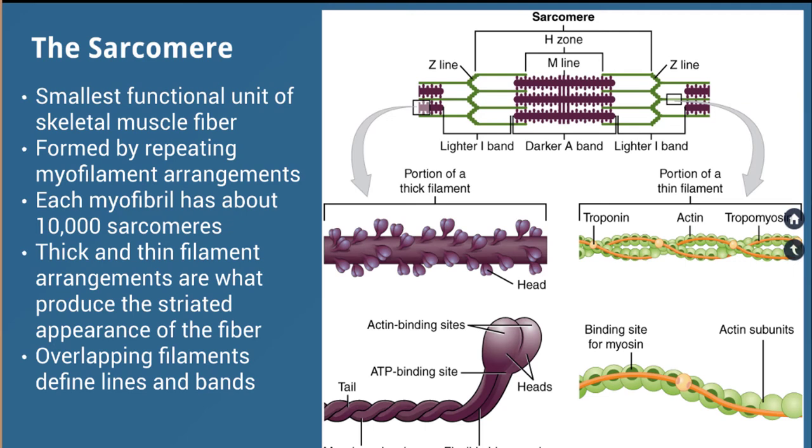Here, green is actin and purple is myosin. These are the thin filaments and thick filaments of our muscle: thin actin with troponin and tropomyosin, and thick filaments of myosin with special parts.